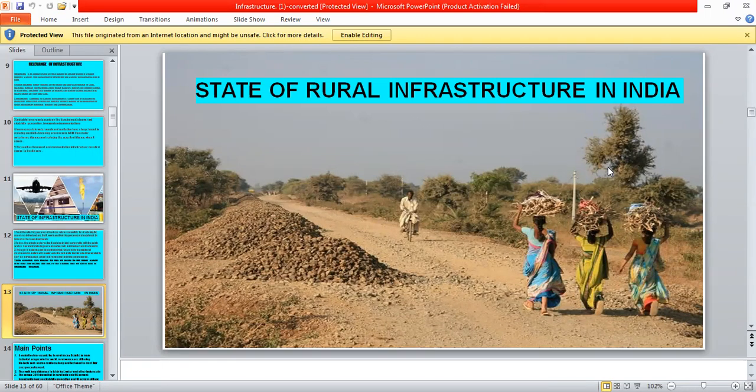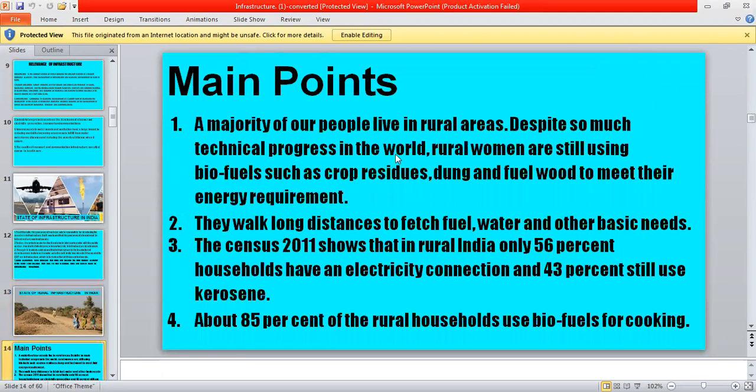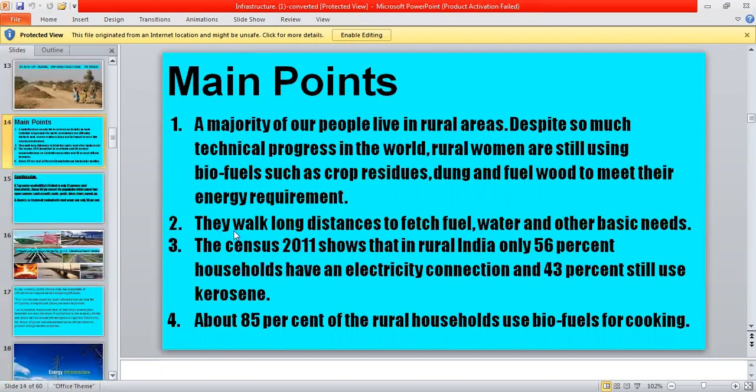Now, first, let us look at the state of rural infrastructure in India. If we look at it, we find there are certain points. First thing is a majority of our people live in rural areas. Despite technical progress, there is a lot of technical progress in India, but still the rural women are still using biofuels such as crop residues, dung and fuel wood to meet their energy requirement.